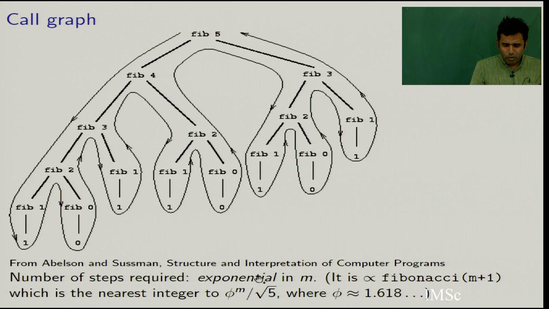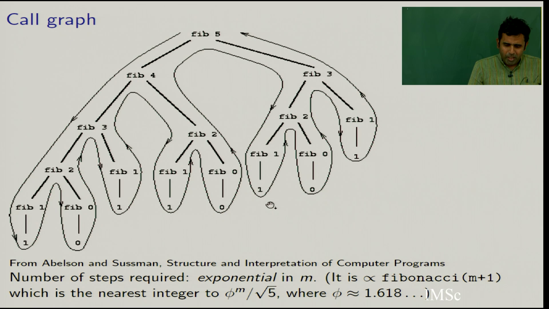In fact, you can show that the number of steps required is exponential in m, that is, something to the power m. So it is what to the power m? You can prove that the number of leaves on this graph is exactly equal to the next Fibonacci number. For example, this graph has 8 leaves, which is in fact the next Fibonacci number. It is not difficult to prove that this is always true.